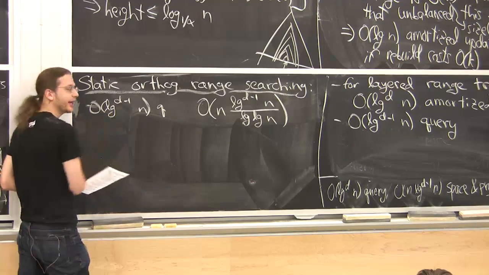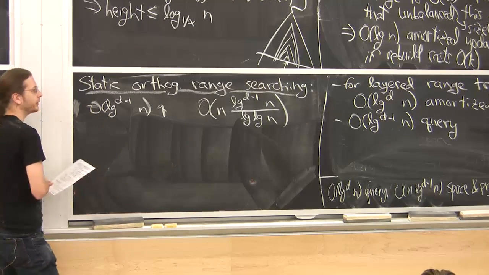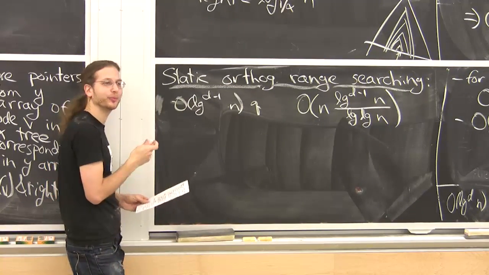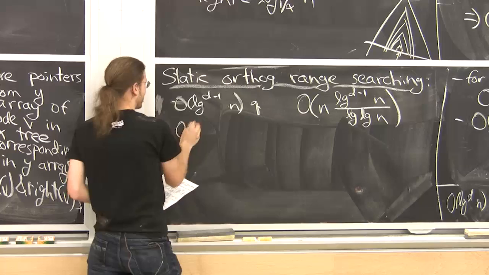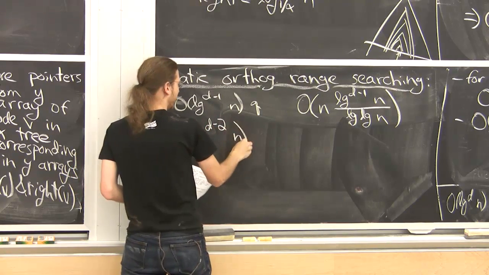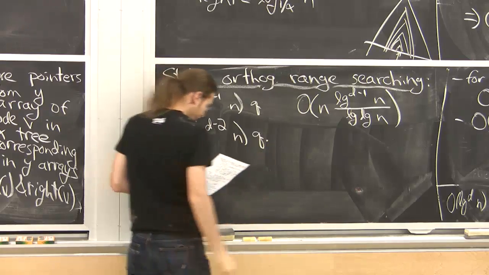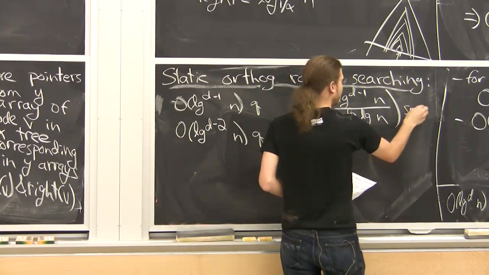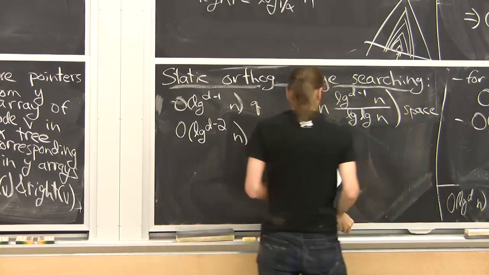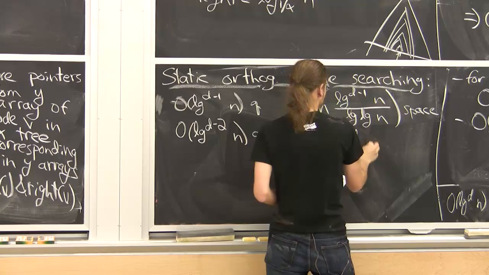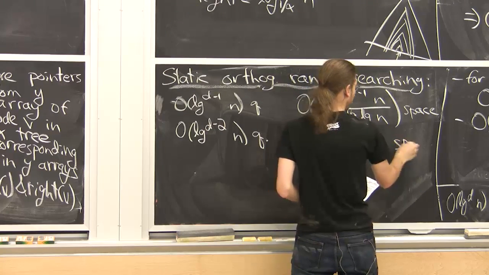Turns out this query time is not optimal. If you allow the space to go up a little bit, you can get another log improvement. So I can get log to the d minus 2 n query if I'm willing to pay n log to the d n space.